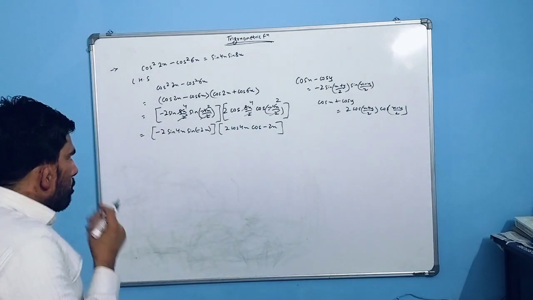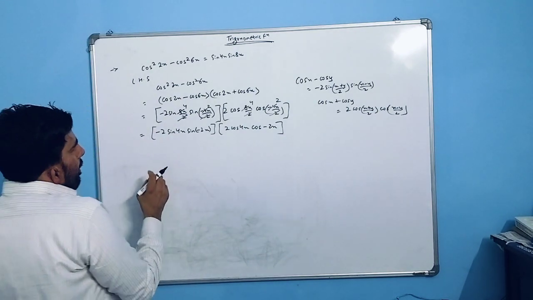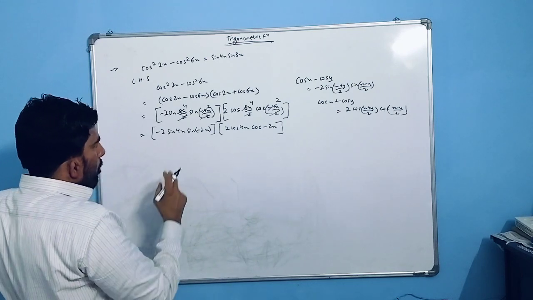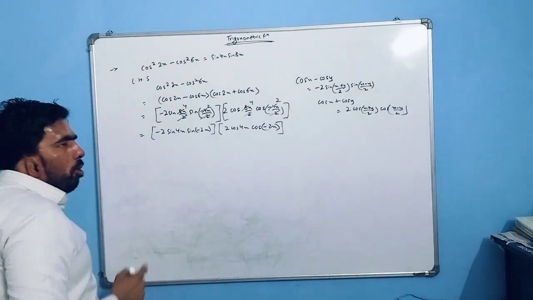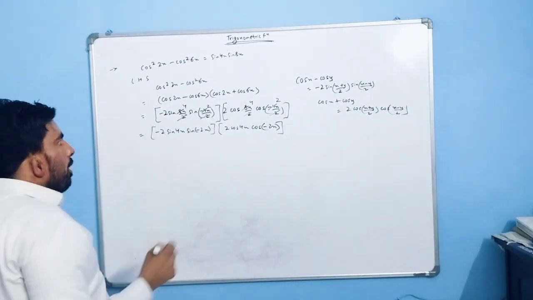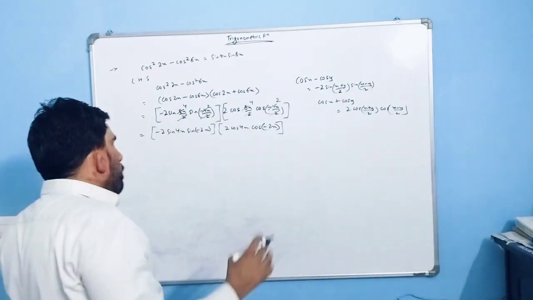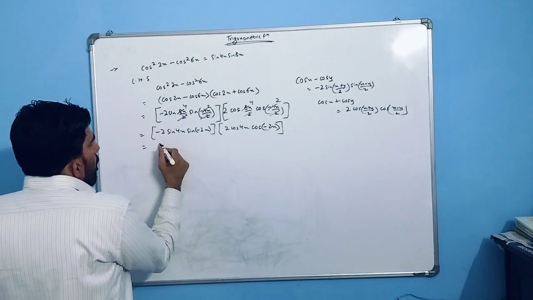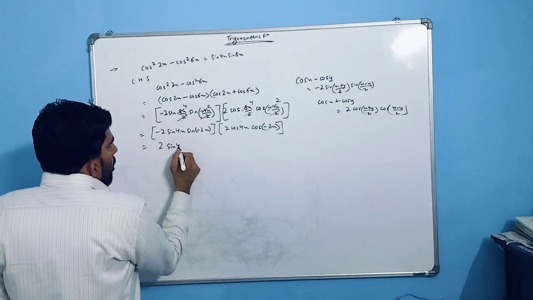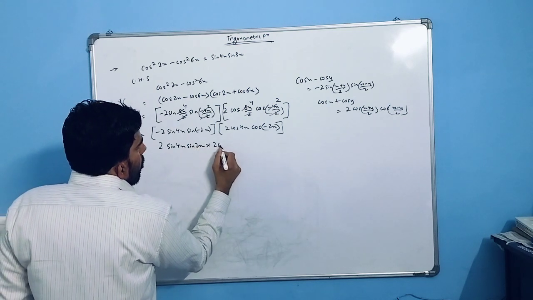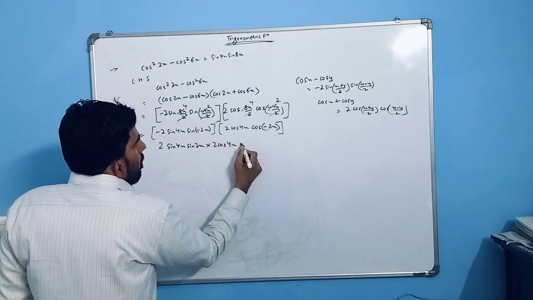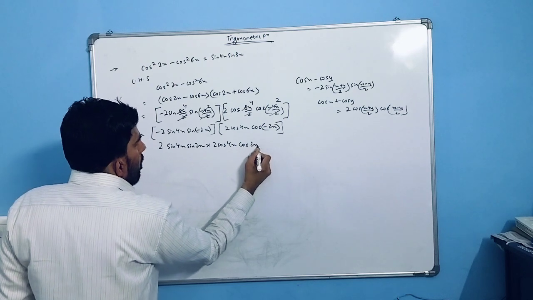Now we can solve simply. Cos minus x is cos x and sin minus 2x is minus sin 2x. So minus into minus will be plus: 2 sin 4x sin 2x, 2 cos 4x cos 2x.